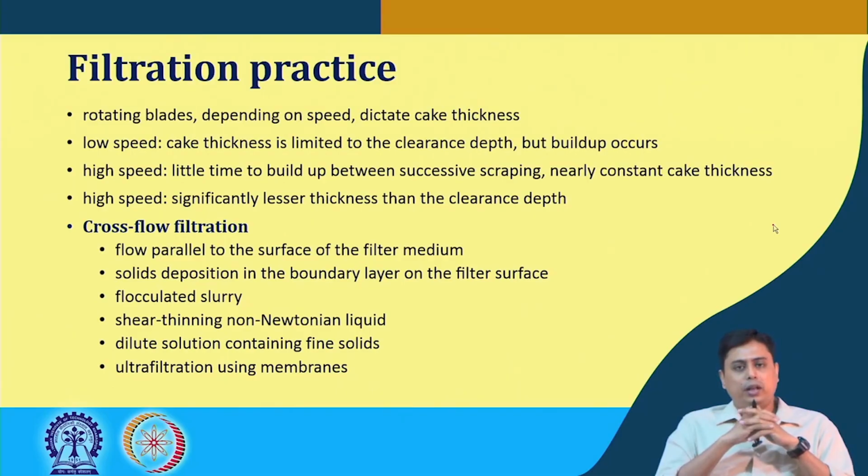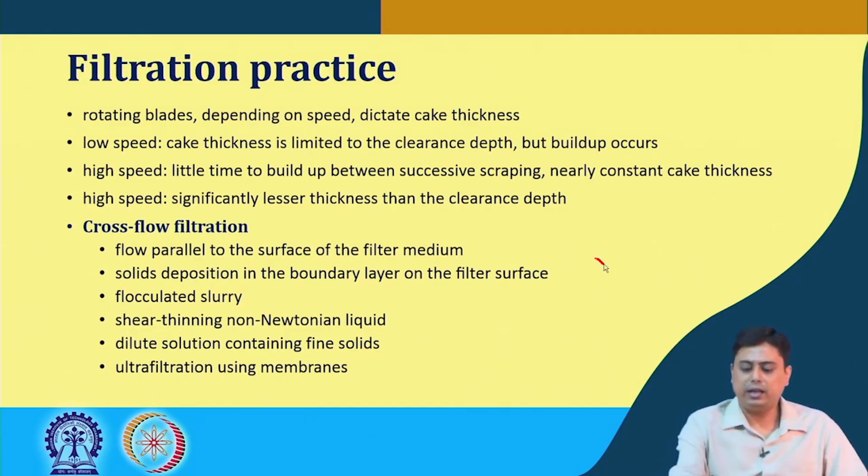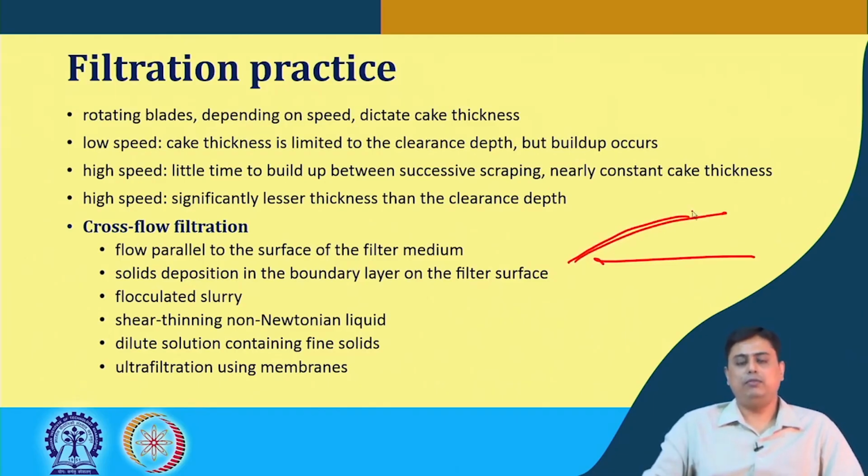So, in order to reduce this cake deposition, the other way is the cross flow filtration that we mentioned at the beginning. In cross flow filtration, what happens? The flow is happening parallel to the surface of the filter media. So, how can the solids build up? Now, if you think of the scenario of flow over a flat plate, there was the development of a boundary layer where the velocity is very low, it is the viscous effect only.